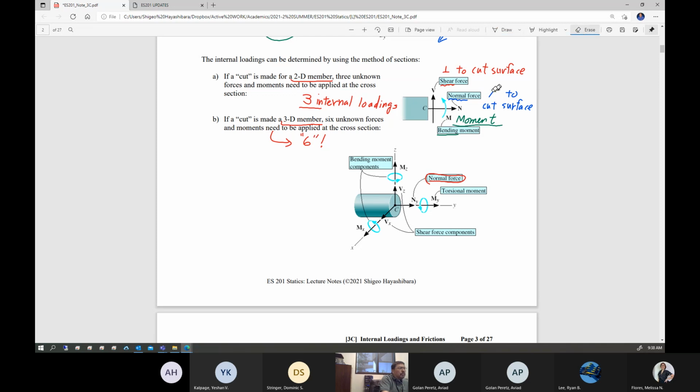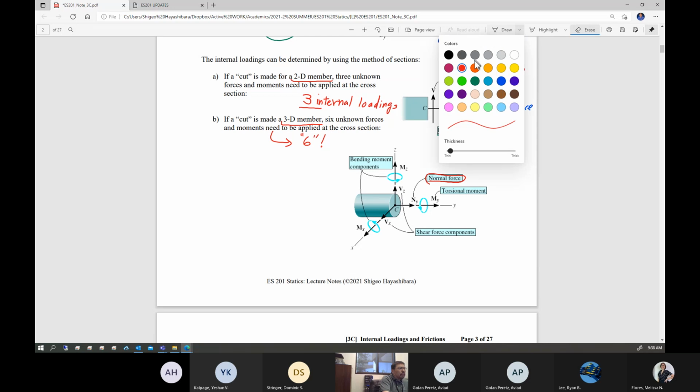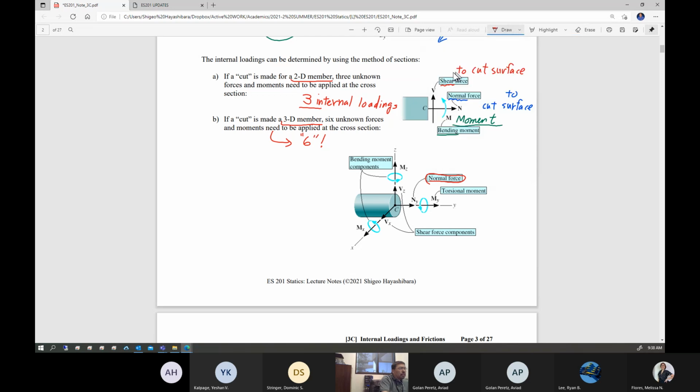Let me just erase this. Sorry. This is, by the way, parallel to the cut surface. That's called shear, sorry. Perpendicular to the cut surface, that's called normal force. That's right.